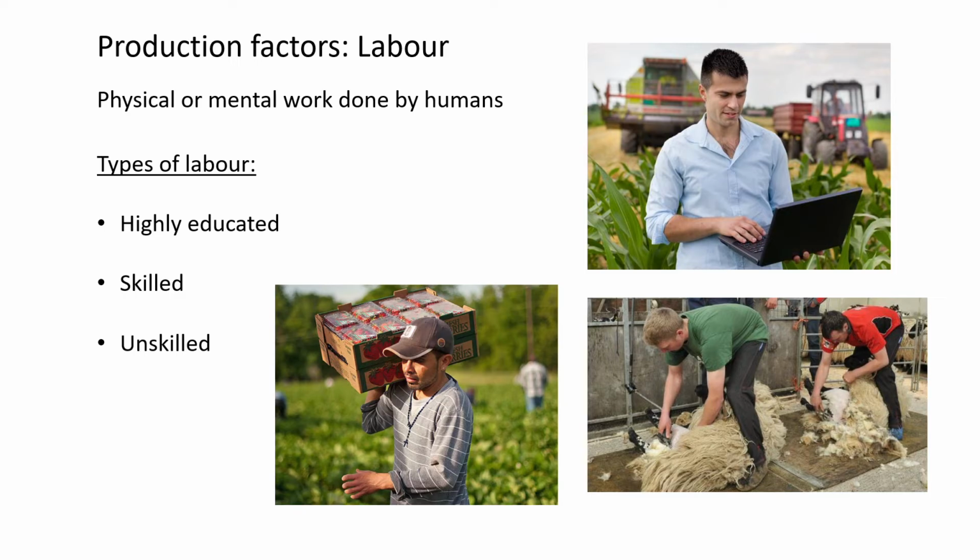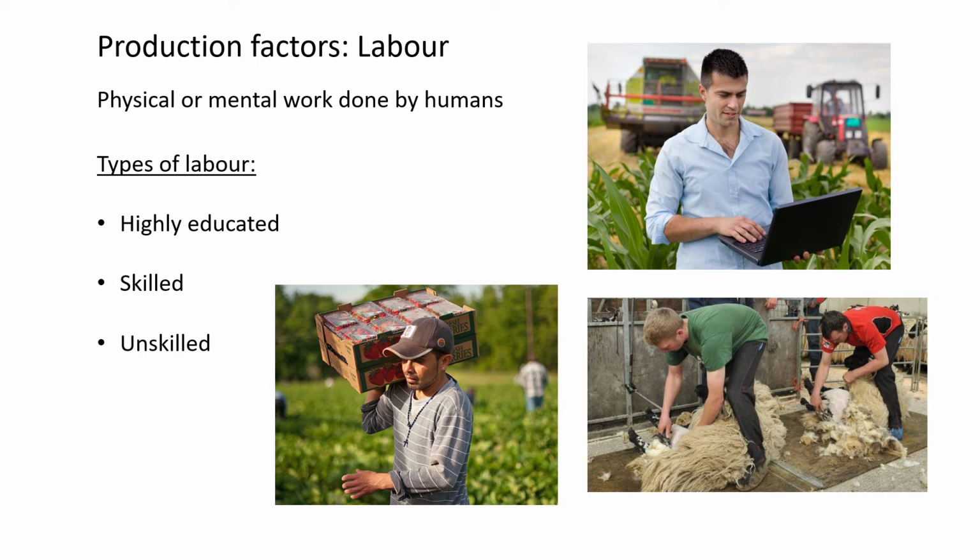Then secondly, you have skilled individuals, skilled labor, who have some kind of training, whether it's, again, going to a college, or maybe they attended some kind of seminar, anything that would just train them in a specific skill. And of these three pictures, it would be this one in the right bottom corner, a guy shearing a sheep, because not anyone can actually do this.